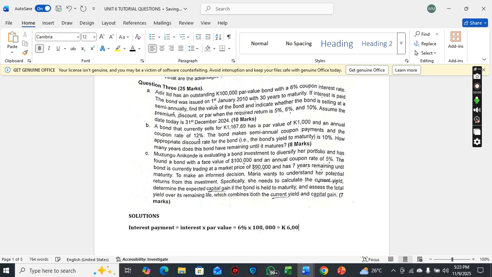Since interest is paid semi-annually, it's paid twice that year, so you divide by 2. 6,000 divided by 2 is 3,000 kwacha. That is the interest payment.